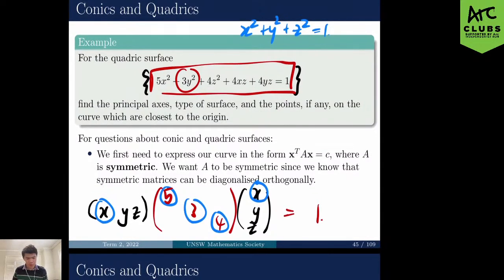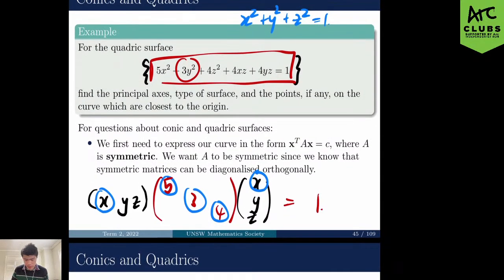Everything else is a similar process. The 1, 2 term corresponds to the xy term. There's no xy term, so it'll be 0. Same over here, the 1, 3 term corresponds to xz, because that's the first one times the last one.